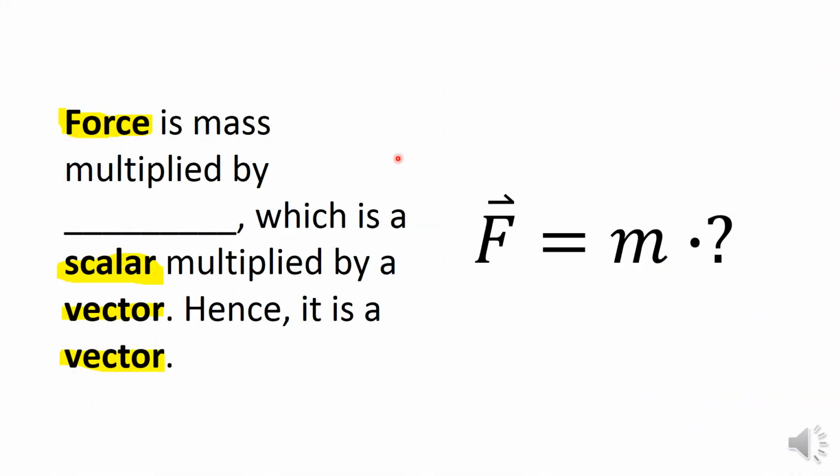Force is mass multiplied by blank, which is a scalar multiplied by a vector, hence it is a vector quantity. So what's the missing factor?